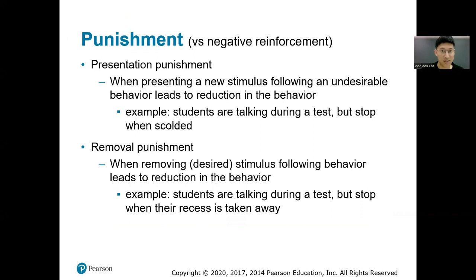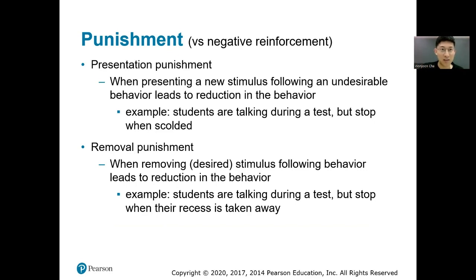So, positive or negative punishment. Positive, or here, in order to not make you feel confused, I use the word presentation, but it means positive punishment. So, presenting a new stimulus following an undesirable behavior.